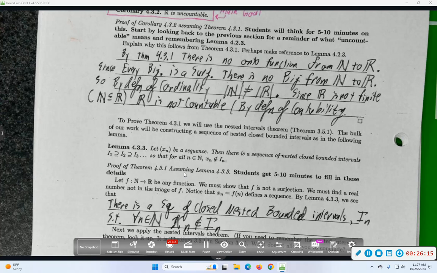So I've just copied down, I think even verbatim, the conclusion of the lemma.